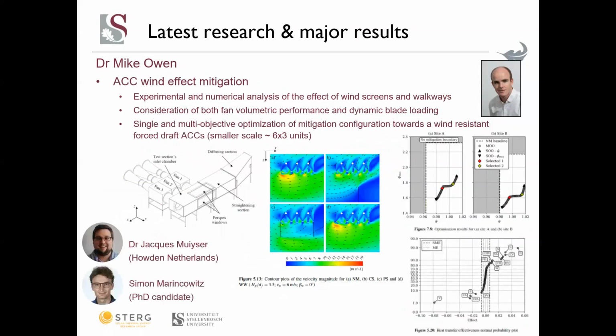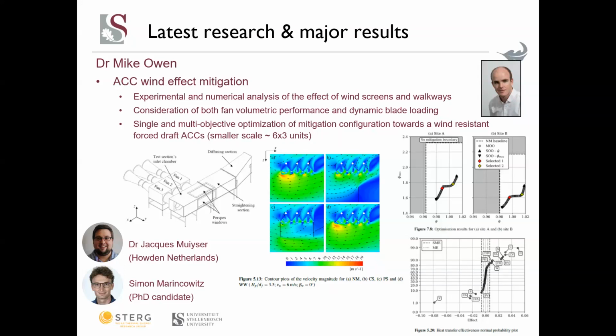Dr. Owen also looks at the effects of wind mitigation on ACCs, and together with his co-supervisor, Dr. Jacques Meiser of Houden in Netherlands, and their PhD student, Simon Brinkowitz, they conducted an experimental and numerical analysis of the effects of windscreens, wind crosses, and walkways on an ACC. So they combine the windscreens, wind crosses, and walkways in order to find that configuration which is most wind resistant.